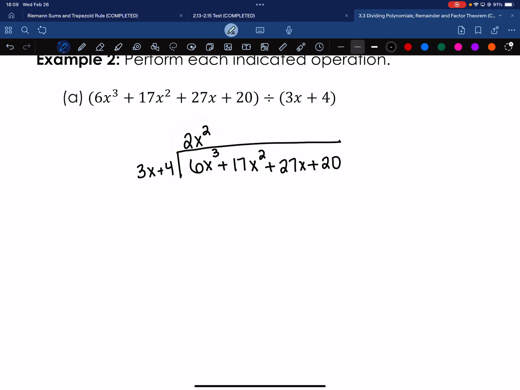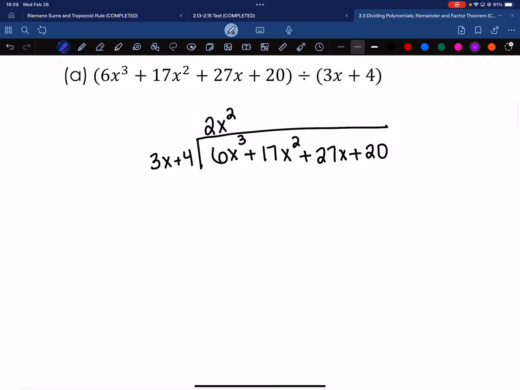What we're going to do is, I have found it easier for some people to write this off to the side and show that you are multiplying the 2x squared times the 3x plus 4. So 2x squared times 3x is the 6x cubed.